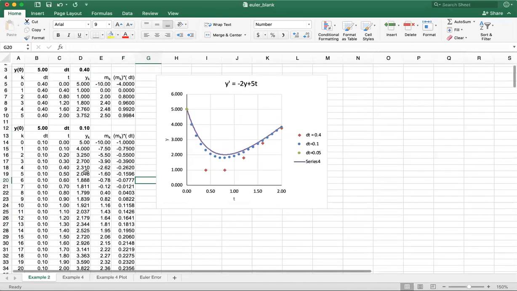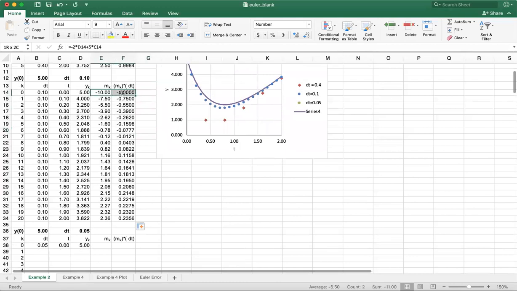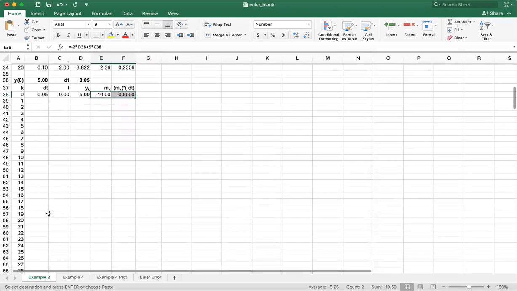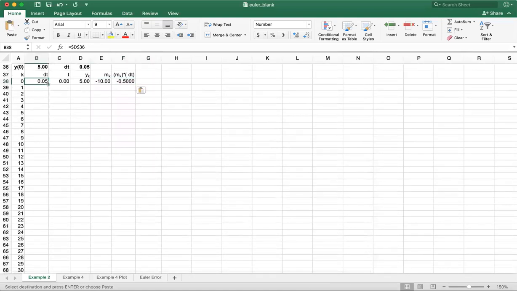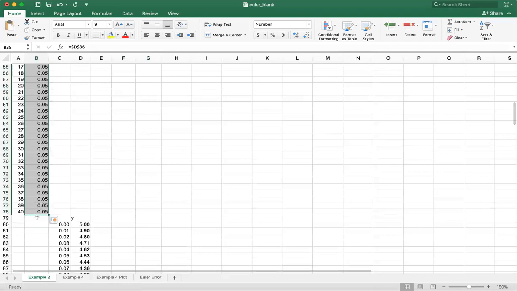So that's a delta t of 0.1. I'm going to do this one more time. I'm going to take these two slopes, copy them, and paste them there. I'm going to take my delta t of 0.05 and paste it all the way down to the end there. You can see that this is where I stored t and y.